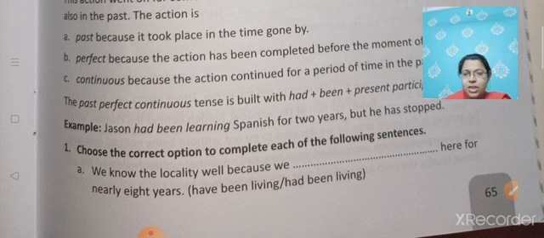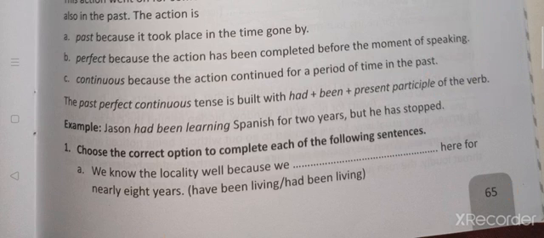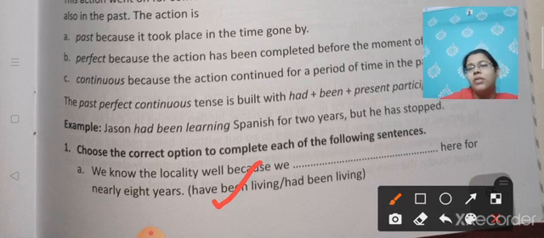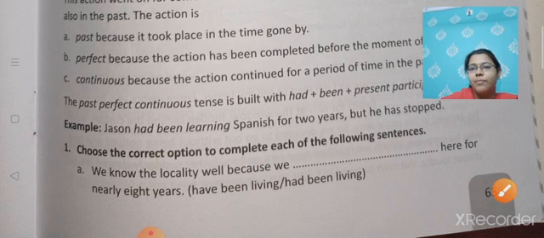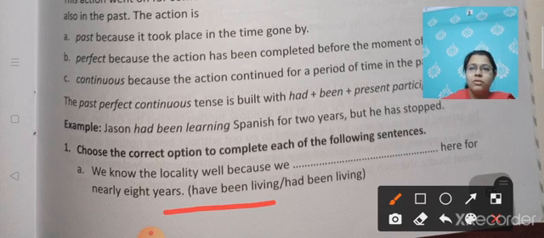Why? Because for how many years have we been living here? 8 years. And we are still living over there, right? So what will the answer be in present perfect continuous tense? That means our answer would be have been living. Okay, this would be your answer.